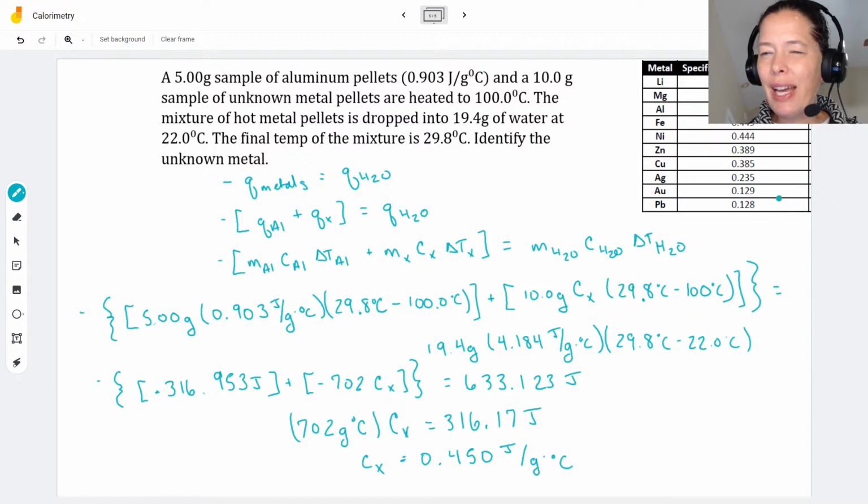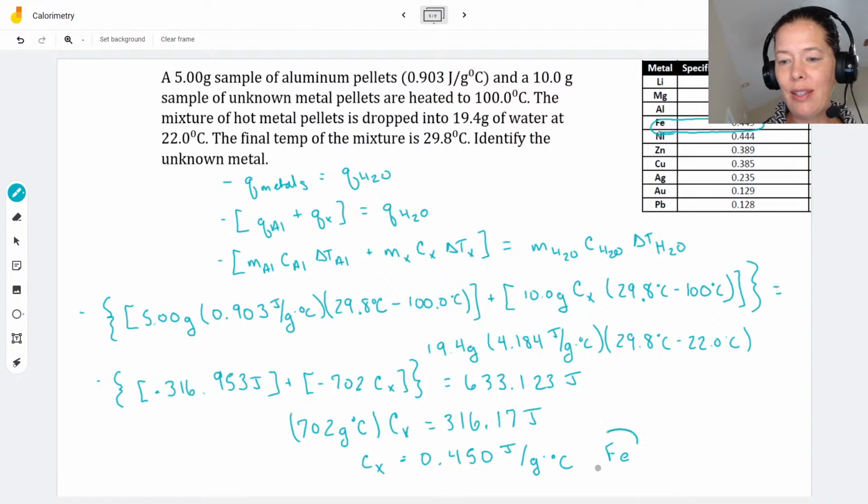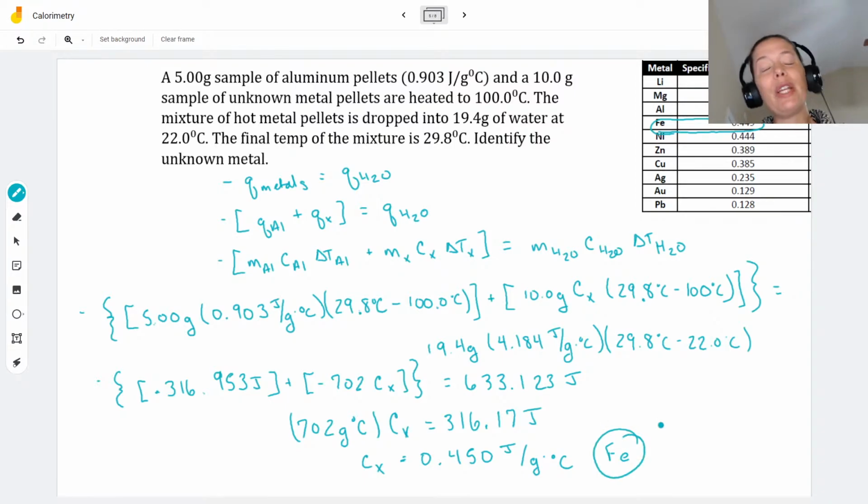Okay, so let's find, we don't have it exact, but do we have something close? We have something very close. So you can see iron here. So our unknown metal is iron. Sometimes as you're working through these problems, again, you might not get the exact answer, but this is certainly close enough to identify our unknown metal as iron.